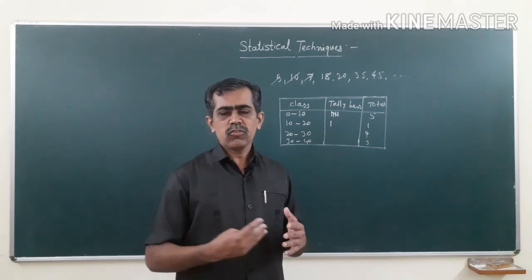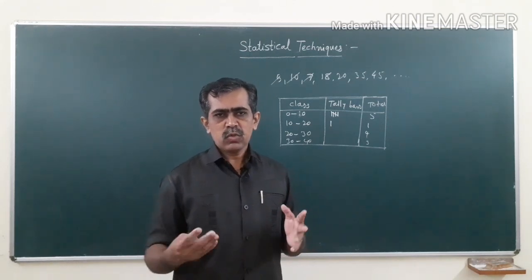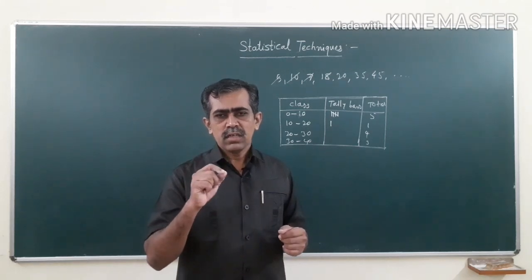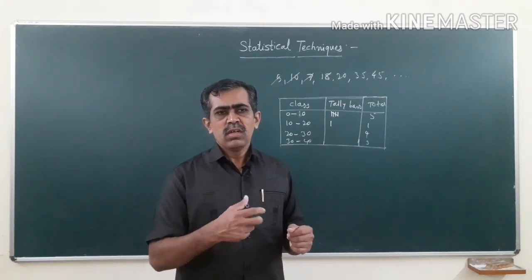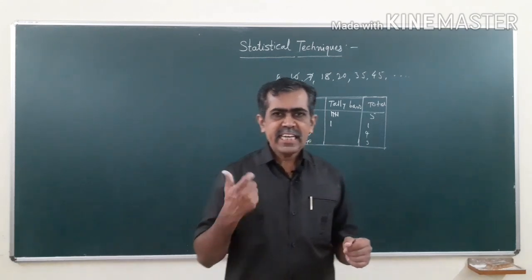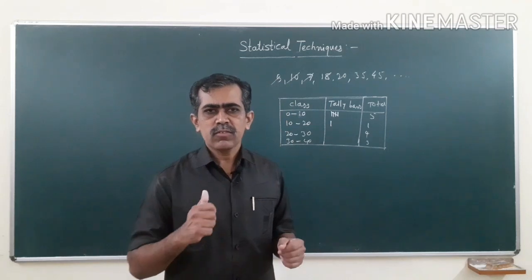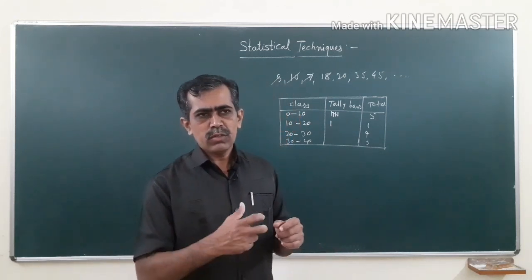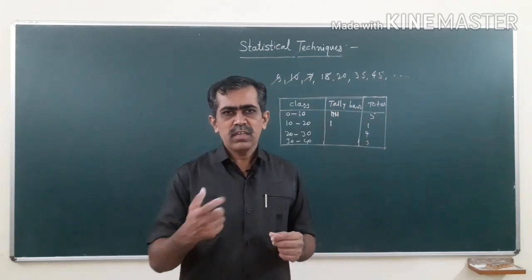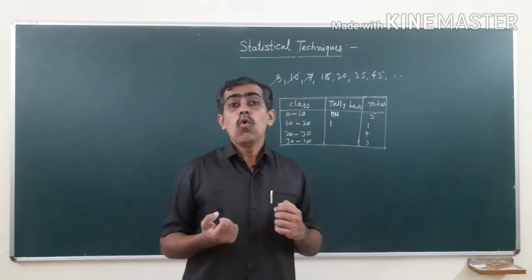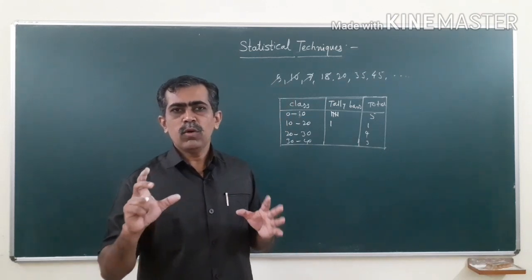Suppose I collect the marks of 100 students, and suppose 39 students have scored 30 marks, then 30 is the number which is repeated most of the time.